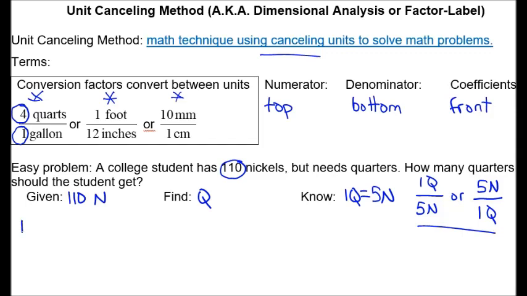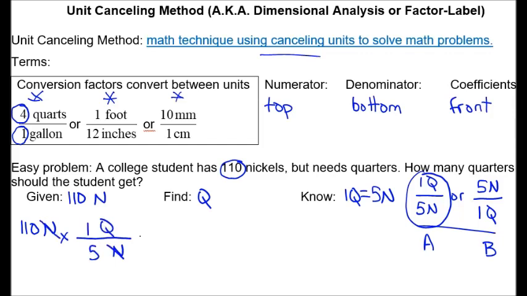We're going to start with 110 nickels, and we need to cancel the nickels. To do that, we're going to put nickels in the denominator. Slide nickels down. We're going to look at our conversion factors. We have conversion factor A, we have conversion factor B. The conversion factor that has nickels in the bottom is this form here. So 5 nickels matches up to 1 quarter.